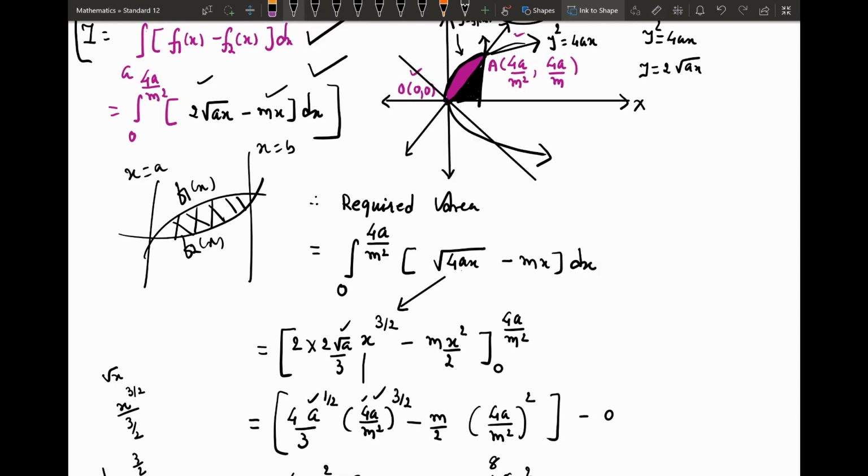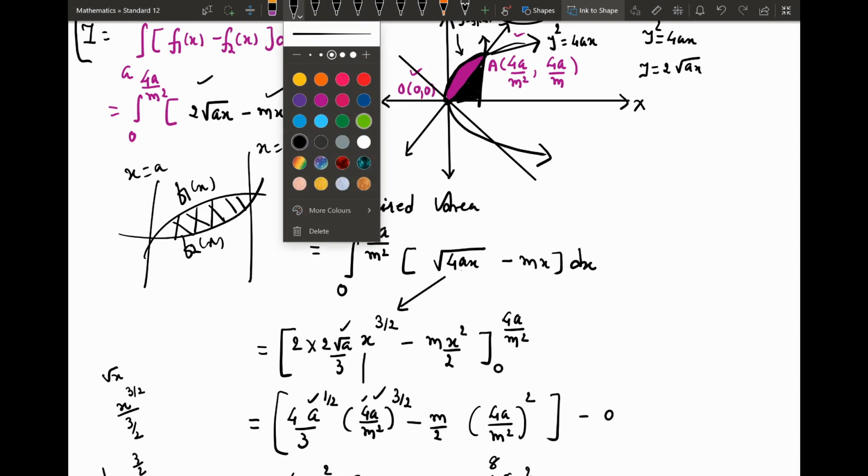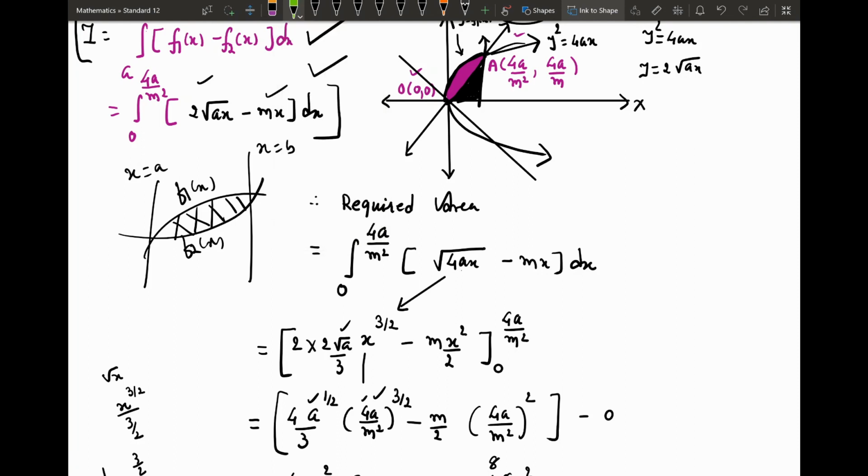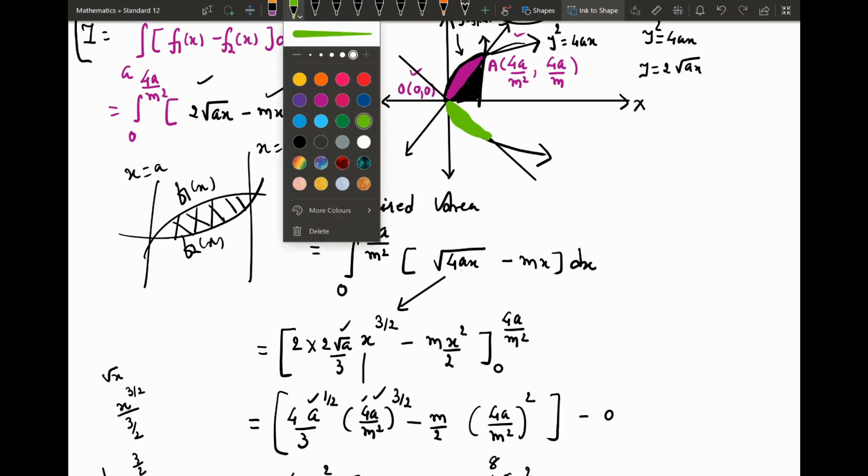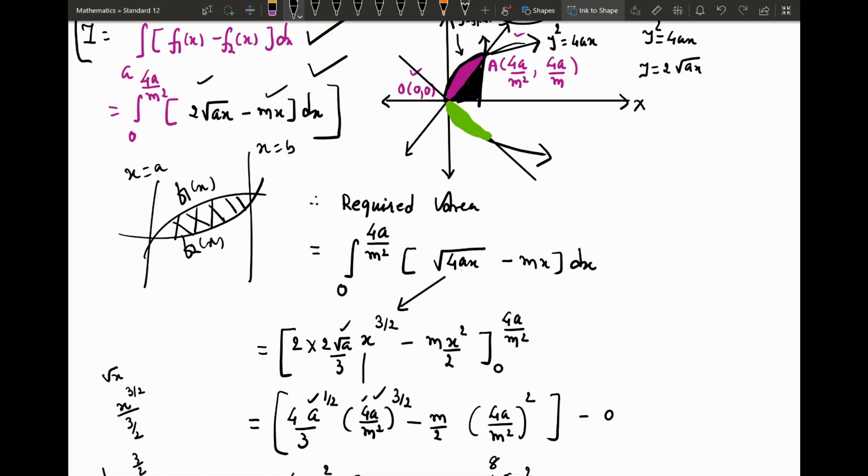Here you can observe that if we consider slope as negative, then you will get the area of this portion, but because of symmetry you will get the same answer. Even if you find the area of this green portion, you will get the same answer. So if there is any confusion about why we have taken positive slope, even if you consider negative slope, you will get the same area.